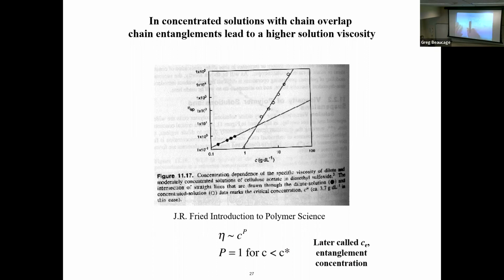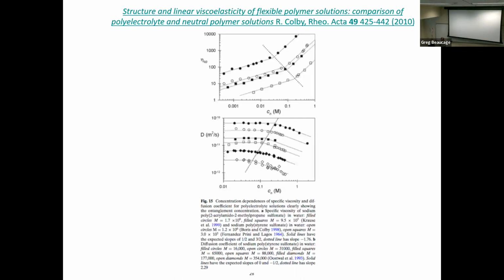I want to show you how this works. This is a paper by Colby at Penn State, who has done a lot of this work. The specific viscosity is the viscosity minus the solvent viscosity, and when you divide it by the solvent viscosity, it's the reduced viscosity.